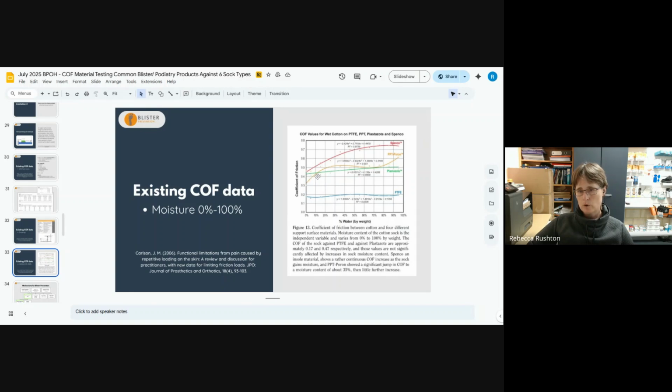And the Poron or PPT was the yellow one. With a little bit of moisture, it increased fairly rapidly, and then from about 30 to about 80, it remained relatively stable and then increased again. So it would be really great to be able to replicate this with all of those more podiatry-focused materials and different socks. This was a cotton sock from memory.